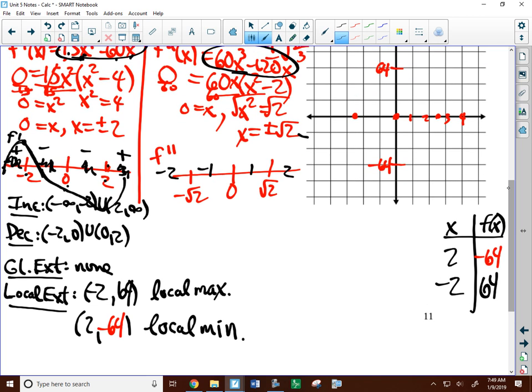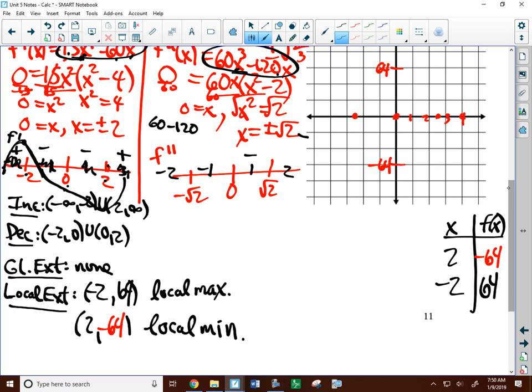Okay, let's do a few of these, but I might fill in some of the rest. Let's plug in 1 into the second derivative. 60 times 1 cubed is 60. 1 cubed is 1. Minus 120 times 1. Minus 120, so that's negative.